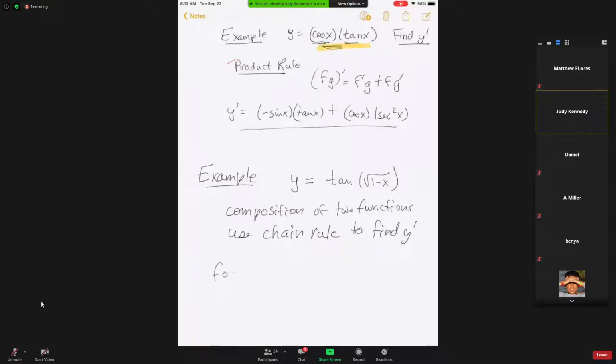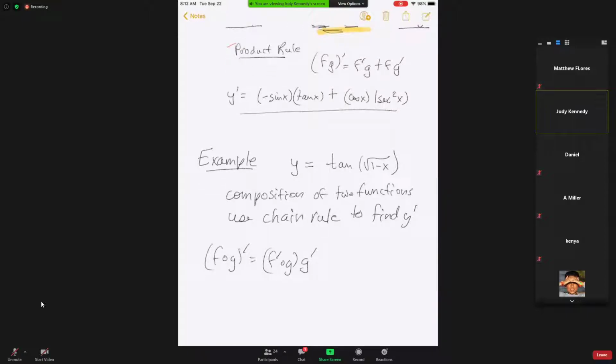Okay, so let's write the chain rule down. I always find it helps to have things right in front of me. And whenever we're using the chain rule, we need an inside function and an outside function. The inside, u, is the square root of 1 minus x.